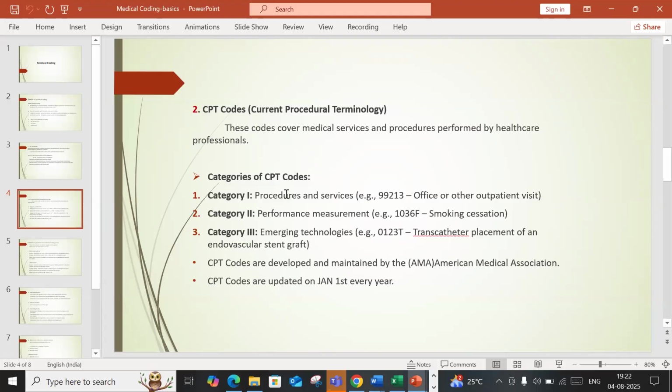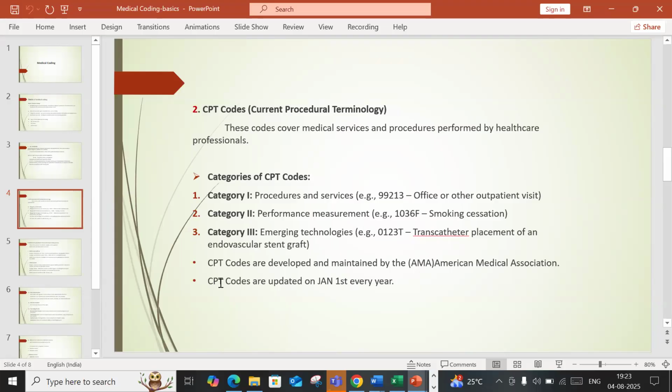Procedures means, as I said, any appendectomy or lobectomy or biopsy or laceration suturing or fracture treatment, whatever the procedures. And services, for example an OP visit. Example, the patient is having severe appendicitis. This was the reason for going to the hospital.